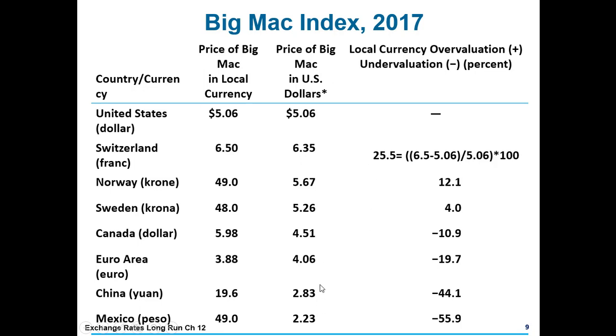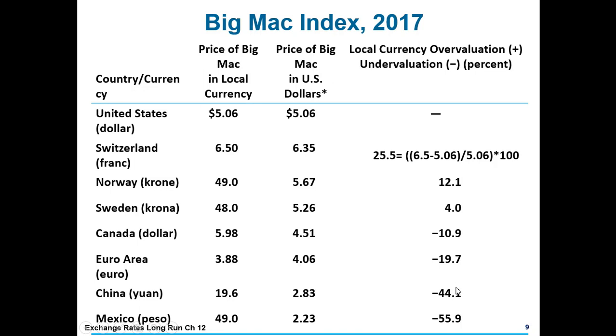Down here, China, Mexico, we have undervalued currencies, and the consequence of that is people who have dollars who want to buy goods and services will find the same goods and services, in this case considerably cheaper, in China or Mexico. Of course, the criterion of the same goods and services is just assumed here, but in general, this supports the argument that things are cheaper if you can buy them from China.